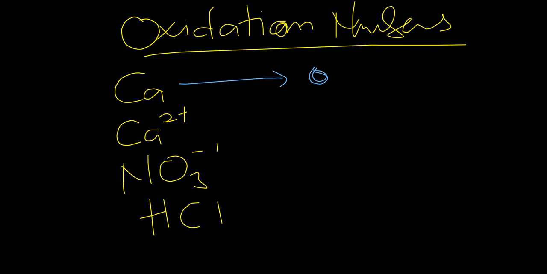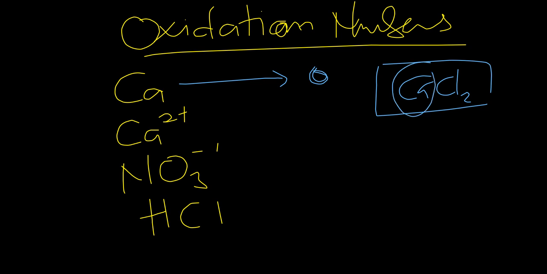For example, if I write calcium chloride, this calcium chloride contains calcium, but the calcium in this calcium chloride is not in its free state because it is bonded with another atom called chlorine to form the calcium chloride.